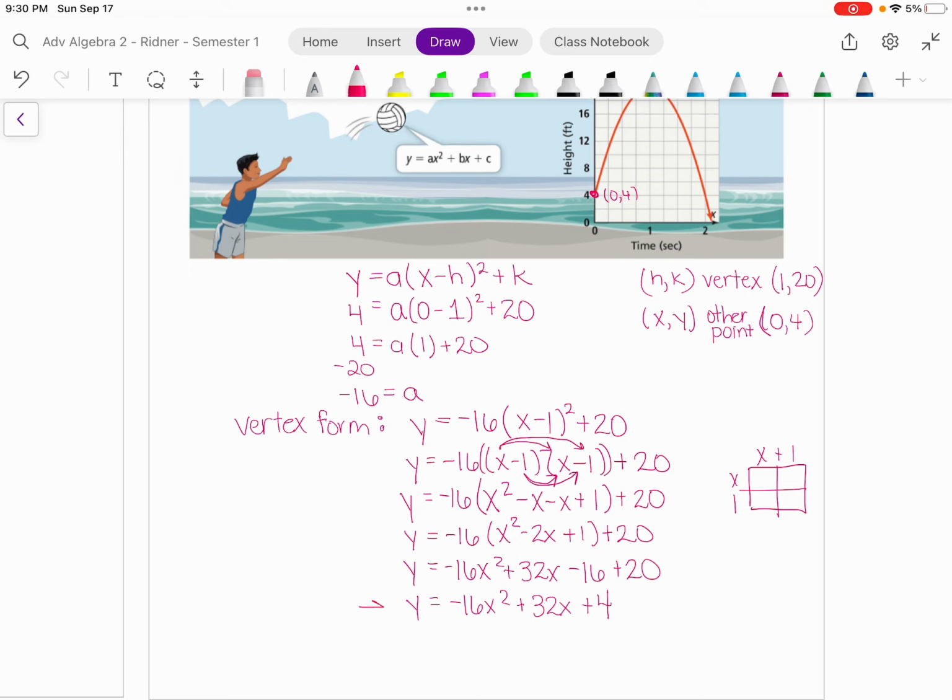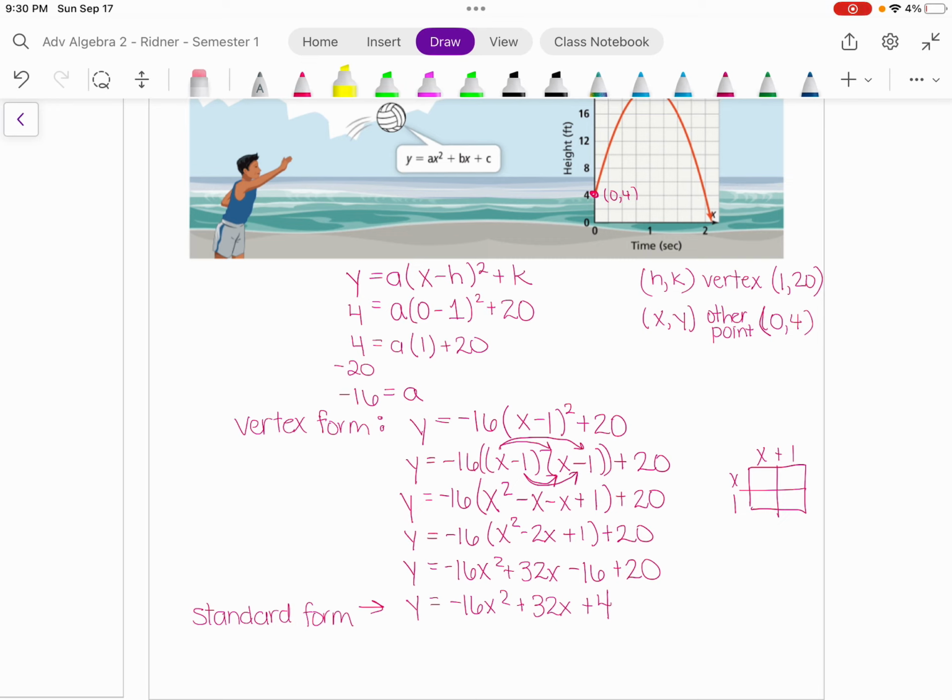So this right here is called standard form. And we'll talk more about standard form, but the big idea here is if I went to Desmos and typed this in my calculator and then typed this in my calculator, it would be the exact same graph. They're just different forms of the same thing.